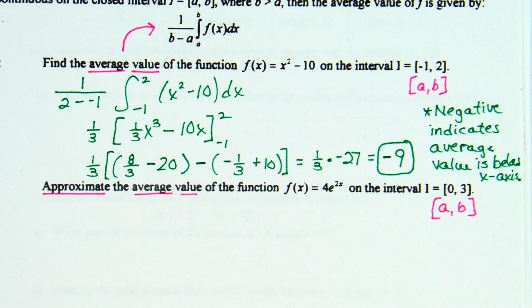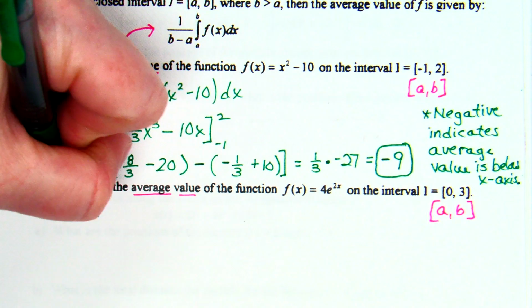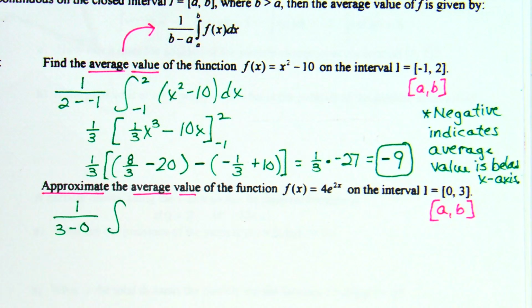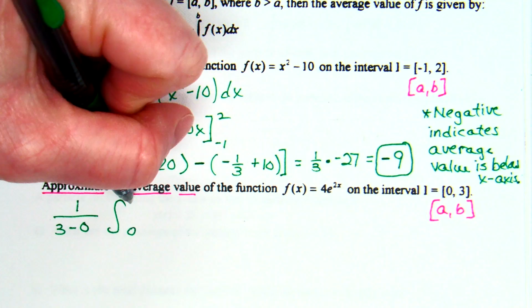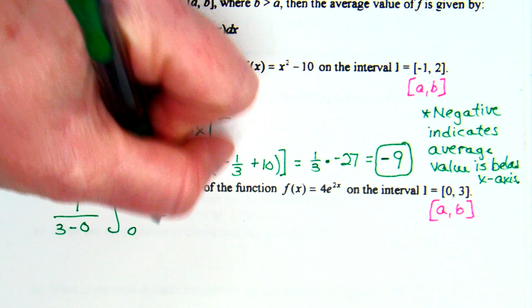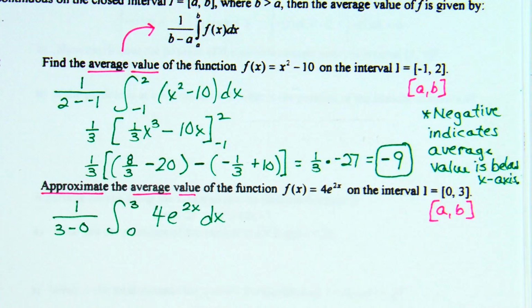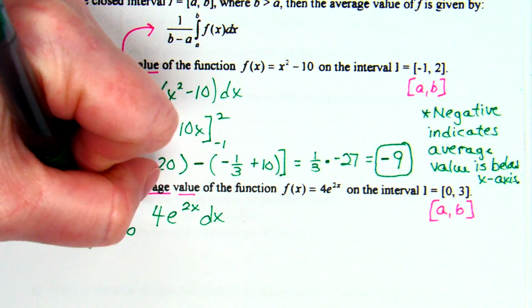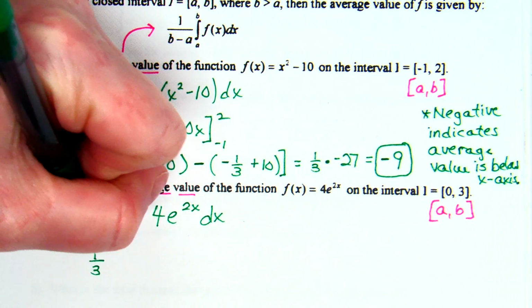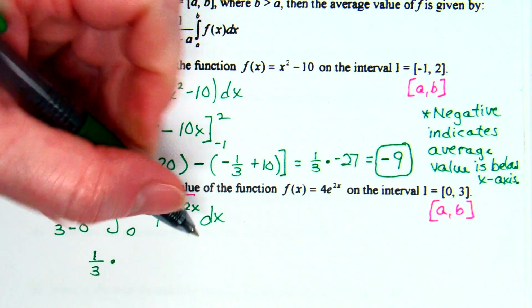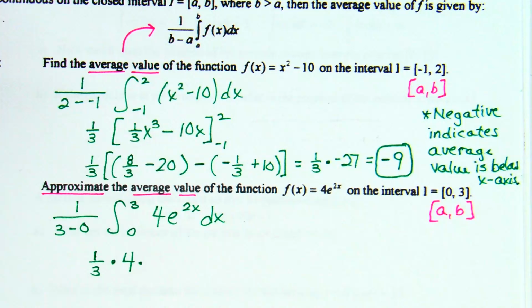As we set this up, I'm officially going to write 1/3 minus 0 times the integral from 0 to 3 of 4e to the 2x dx. Let's go ahead and work this. 1/3 minus 0 is 1/3. I would think about this 4 as a separate number, because that's a constant that could be pulled out front.